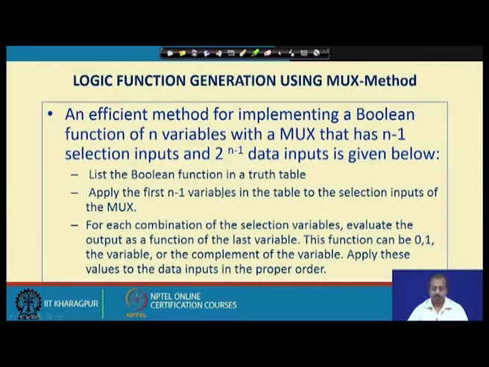So, what we do is first make the truth table, and the first n minus 1 variables of the table are connected to the select inputs of the multiplexer, and for each combination of select variables we evaluate the output as a function of the last variable, and accordingly we put the variable as 0, 1 or the variable itself.